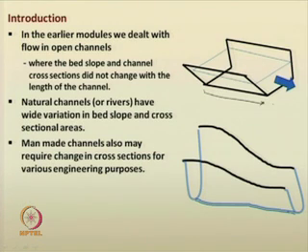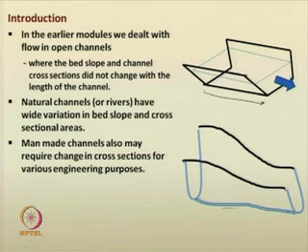But in natural conditions, especially in rivers, or even in man-made channels, we may encounter several situations where the cross section of the channel changes rapidly, even the bed elevation changes rapidly. For example, if you can see here, the bed's condition is entirely different. The cross section of the channel is entirely different from one reach to another reach.